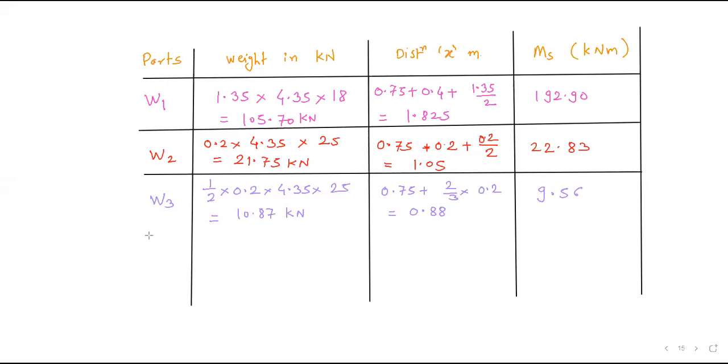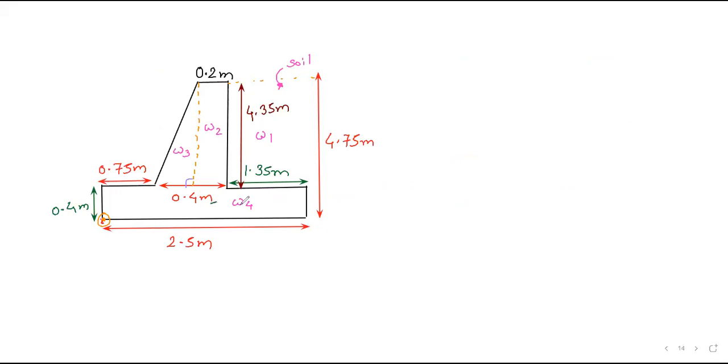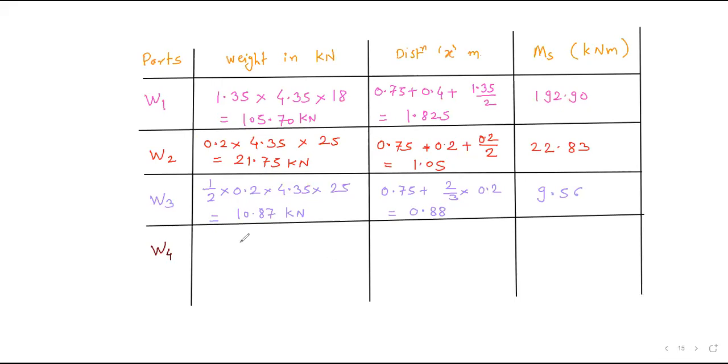Then finally W4. All this we are doing for taking the stability check. Where is W4? So this is the bottom rectangle. It is 2.5 meter wide and 0.4 meter is the thickness. So it will be 2.5 into 0.4. What is the load?